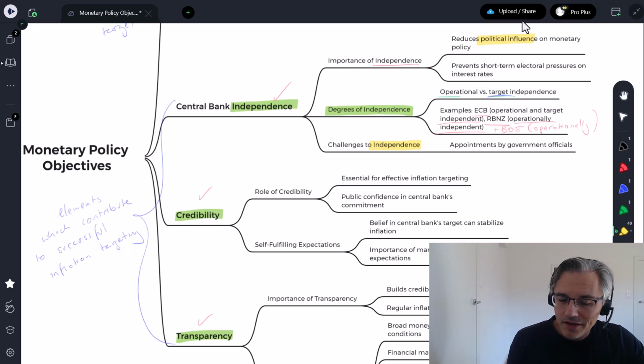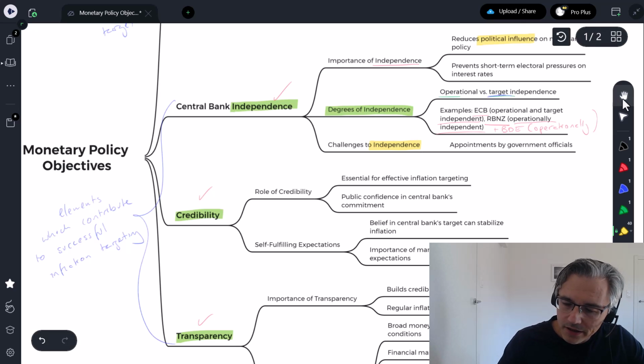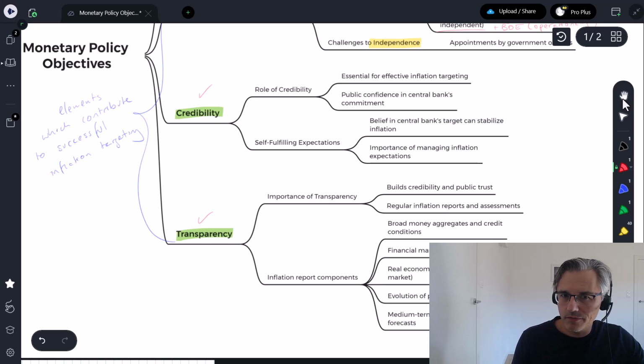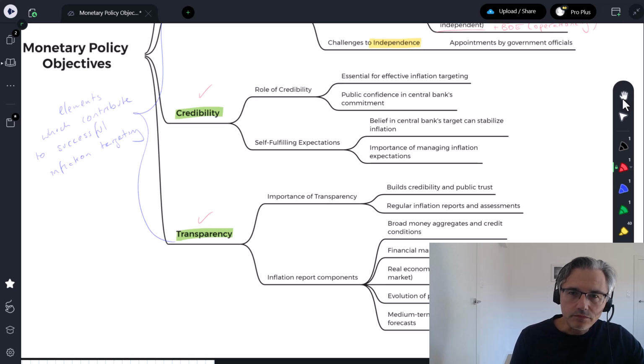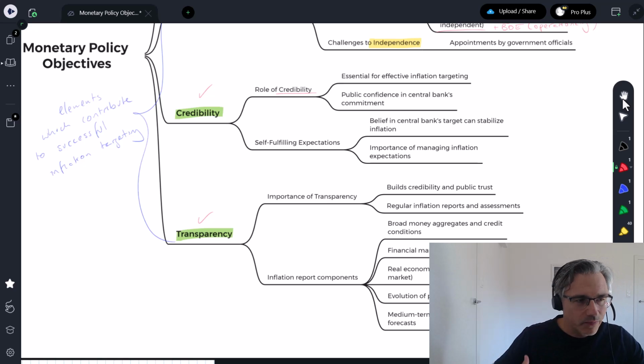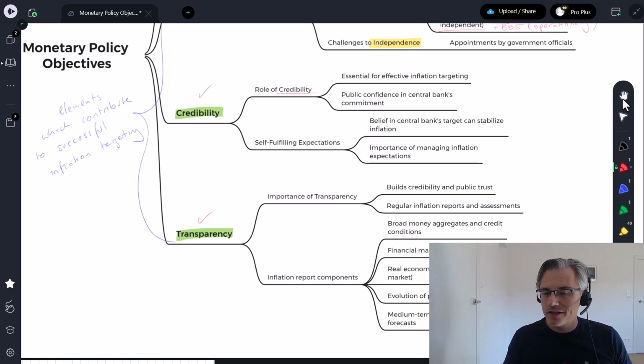Okay. Now the next point here, in terms of the success factors that contribute to inflation targeting indeed being successful, is this notion of credibility, the central bank being credible. Credibility, that word, basically signifies that market participants, market observers, the population at large, trusting the seriousness of what the central bank does and its commitment to do so.